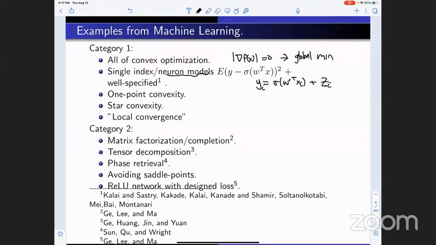And then if you do gradient descent on the square loss, let's say, then you will find W star, although it's not convex. This kind of thing goes by many names: 1-point convexity, star convexity, most of local convergence. You might have heard of things like the PL condition, KL condition. There are 1,000 things. They're all kind of the same. Quadratic growth.